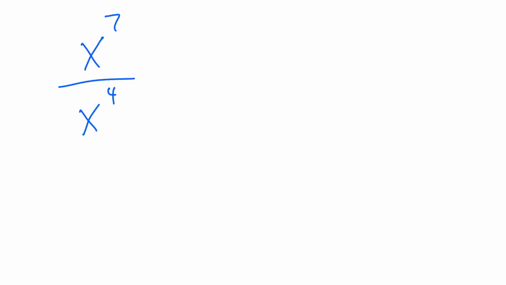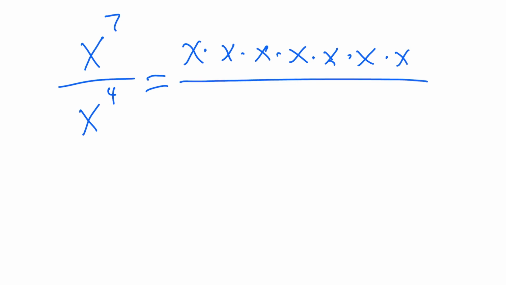All right, let's look at this next example. If I had x to the 7th divided by x to the 4th, that means it's a fraction where x to the 7th is the numerator and x to the 4th is the denominator, and I expand them. The top becomes x times x times x times x times x times x times x, 7 x's multiplied together, and the bottom becomes 4 x's multiplied together.